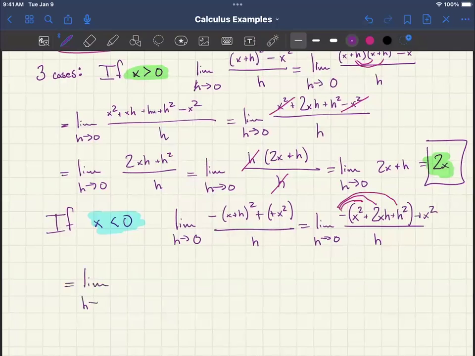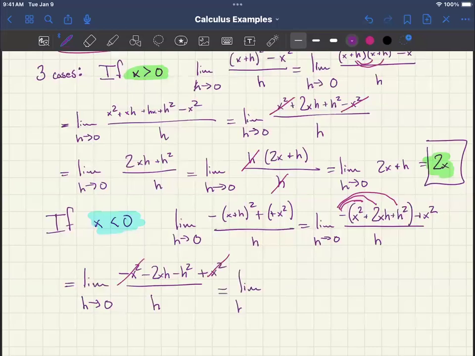So we have the limit as h goes to 0 of negative x squared minus 2xh minus h squared plus x squared. So now notice we can cancel out our x squareds again, just like we did in the previous part. And now we get limit as h goes to 0 of negative 2xh minus h squared.